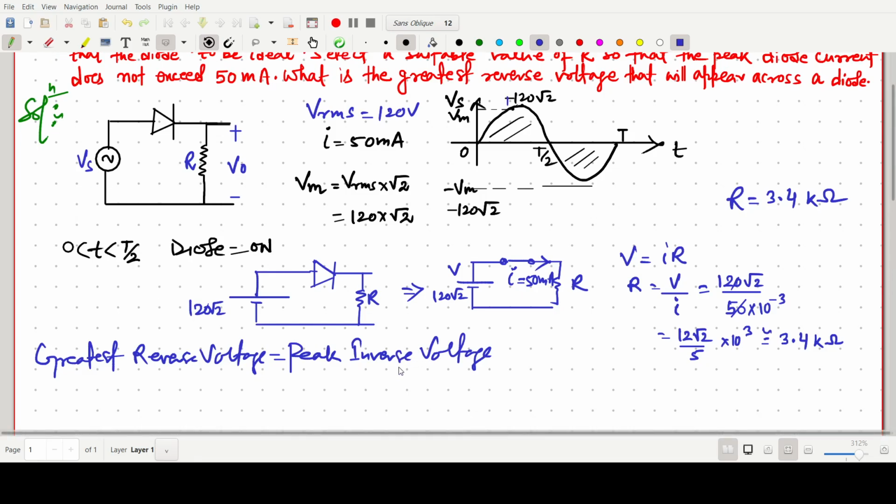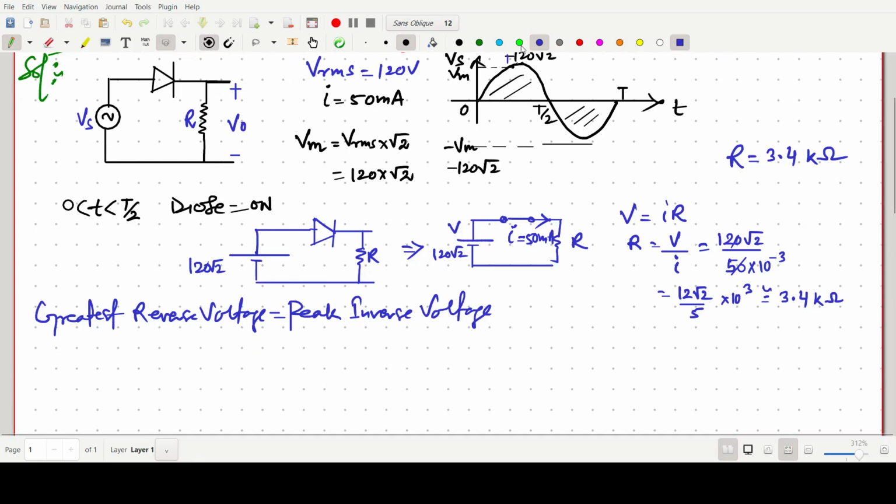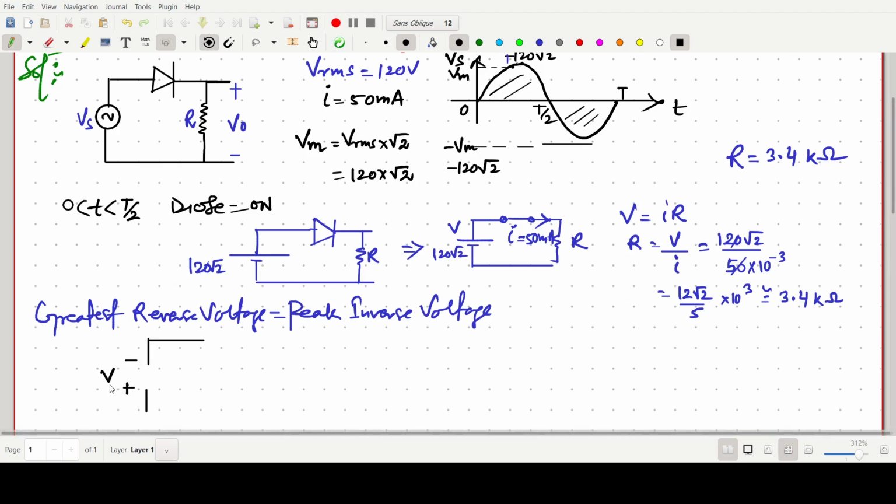For the calculation of reverse voltage, for the reverse voltage we have to give a negative voltage. Say this minus plus, and then I am saying that this one is minus Vm, the maximum reverse voltage. During the reverse voltage the diode will be open circuited, and there will be no current in the circuit.